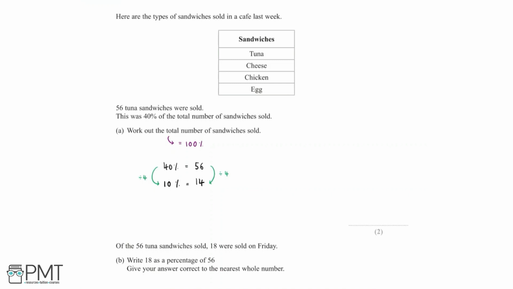Now to get from 10% to 100%, we can multiply by 10, so we need to multiply both sides by 10. 10% multiplied by 10 is equal to 100%, and 14 multiplied by 10 is equal to 140. And so we've found that 100% is equal to 140, and we can therefore say that the total number of sandwiches sold is equal to 140.